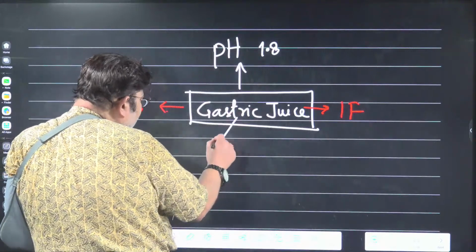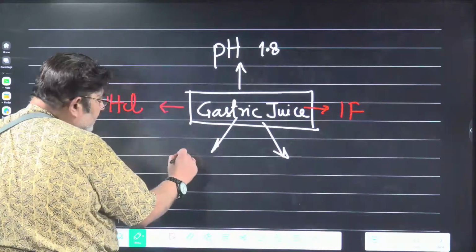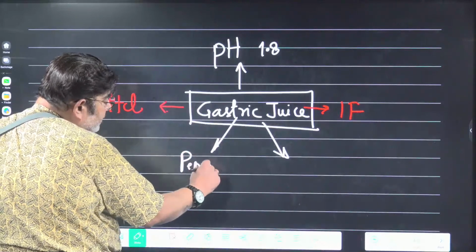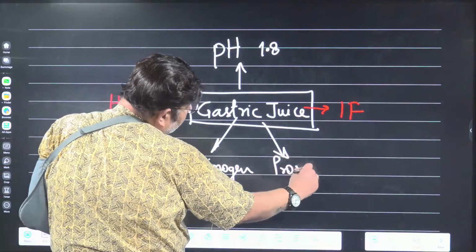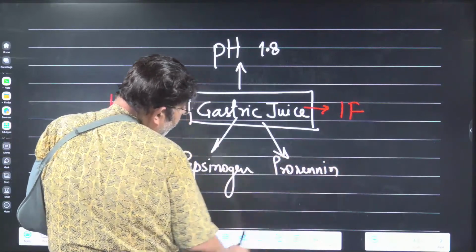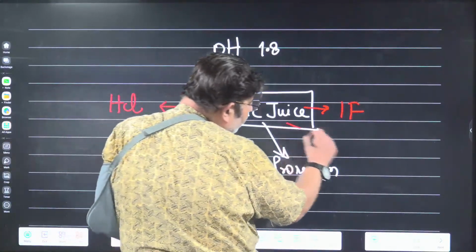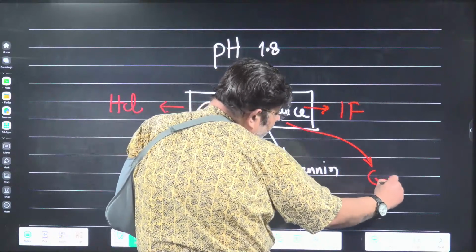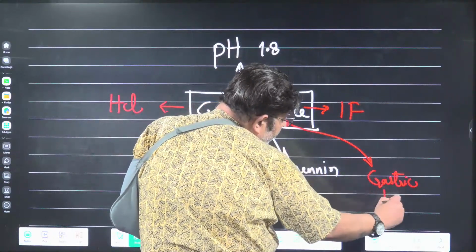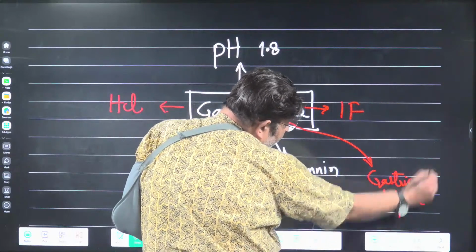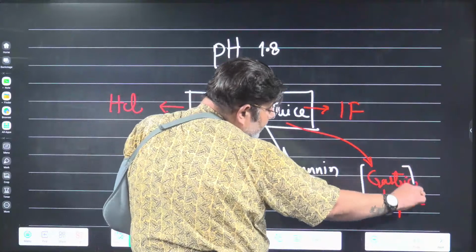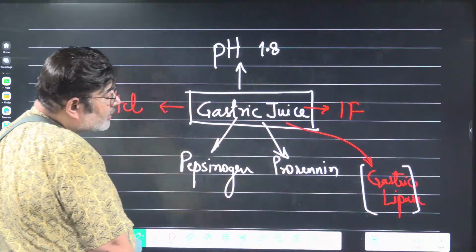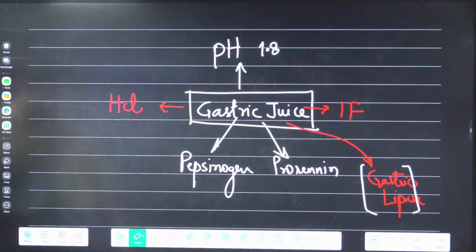The enzymes are pepsinogen and prorenin. A very small amount of lipase, also called gastric lipase, is also found, so we can even ignore it. But in the questions, we cannot ignore it.